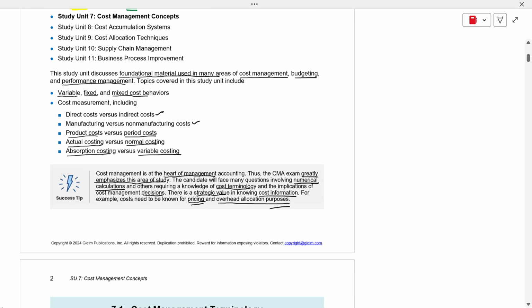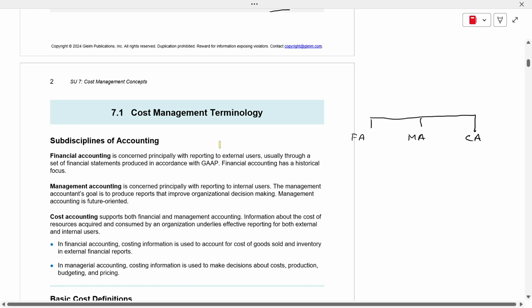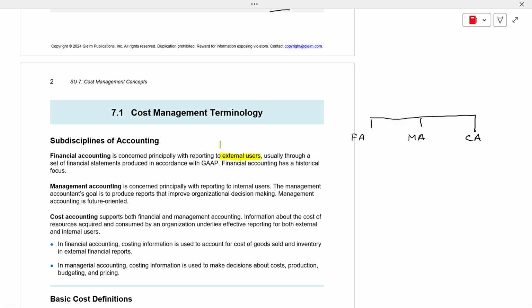Now, first and foremost, you have 3 different aspects: financial accounting, management accounting, and cost accounting. Financial accounting we have done. What is financial accounting? Financial accounting is specifically for external users.